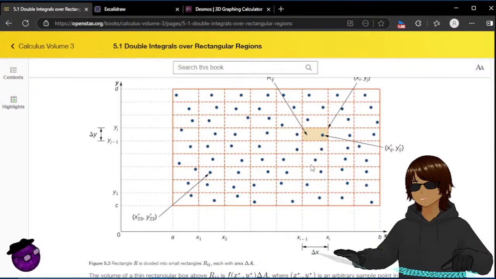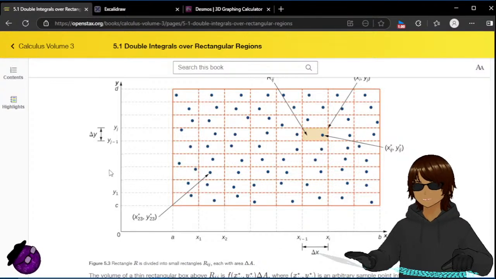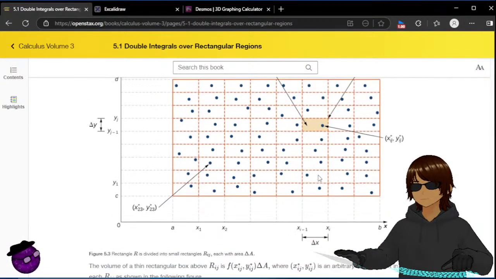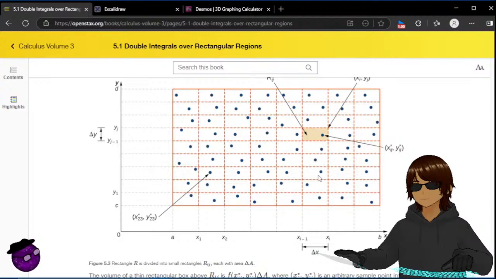So what are these points? This over here. Okay, this is Δx, this is Δy, this is Rij. It starts with 0, right?